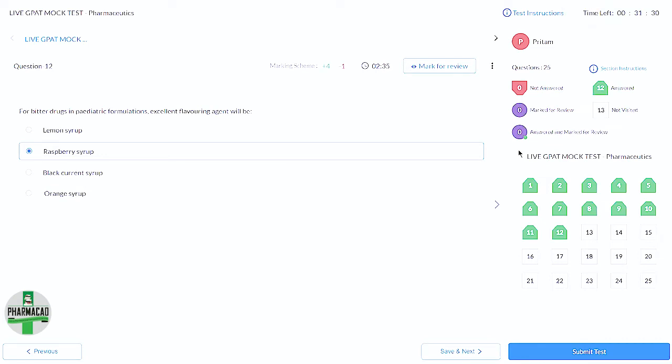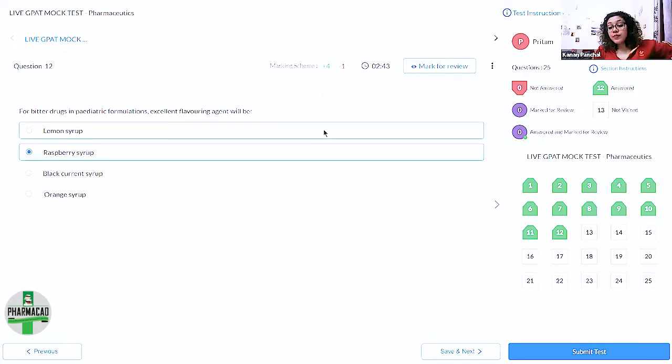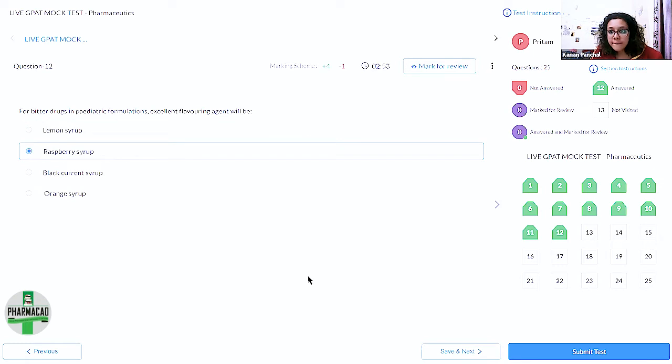Ma'am, lemon syrup, in which formulation will we use it? Lemon syrup, for something again sour, some effervescent kind of a thing, you prefer lemon. Elixir kind of a thing and all. Okay? Yes, ma'am. I'm making haste here because I don't want the time to lapse. We can again come back to that PDF. Okay?